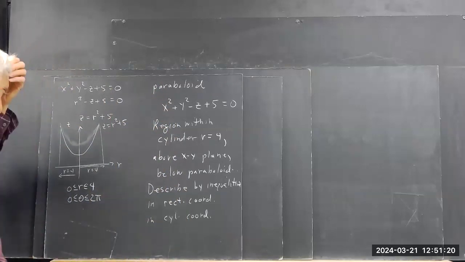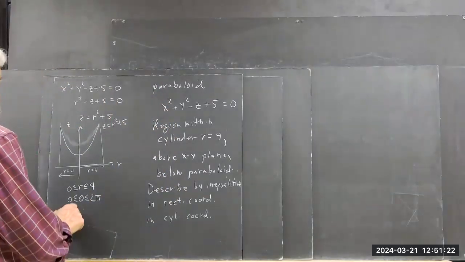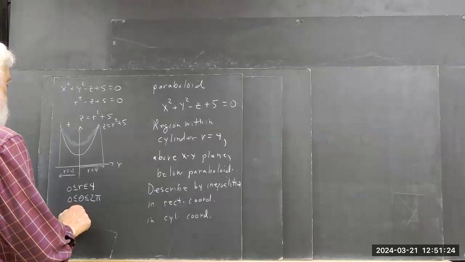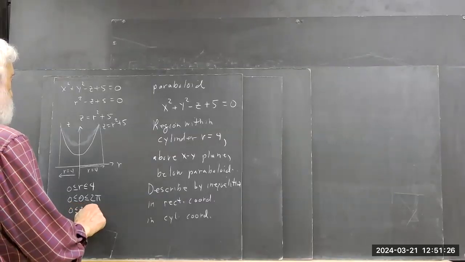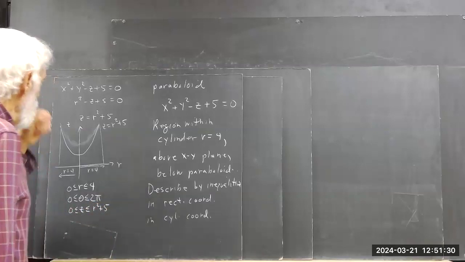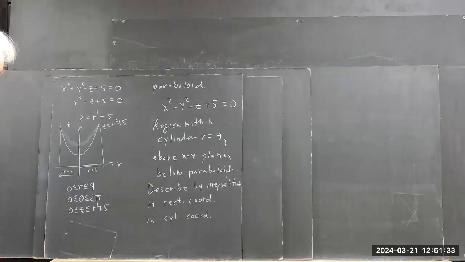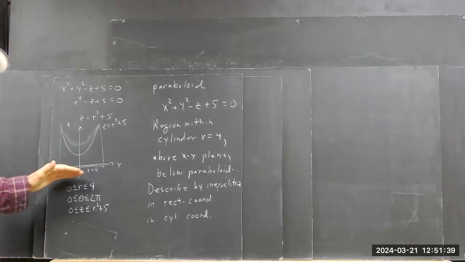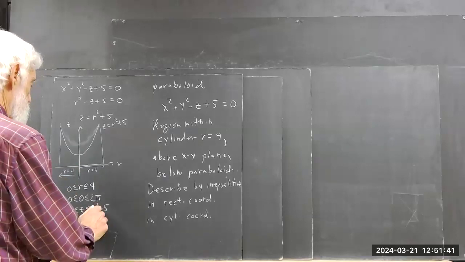So there we have it. And then z between 0 and r squared plus 5. Okay? That makes sense? And you want to get it down to that.